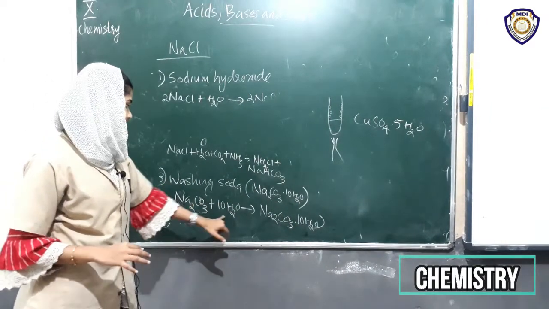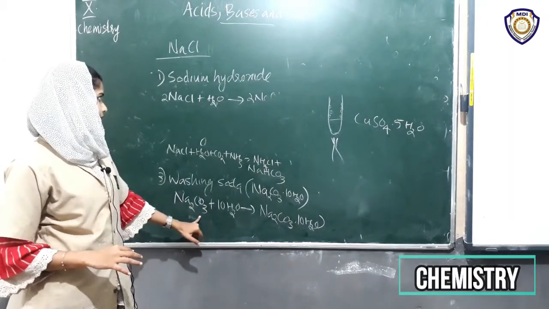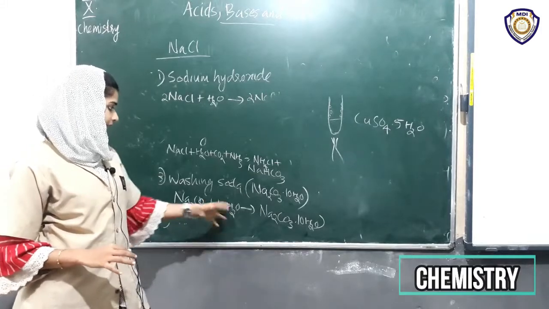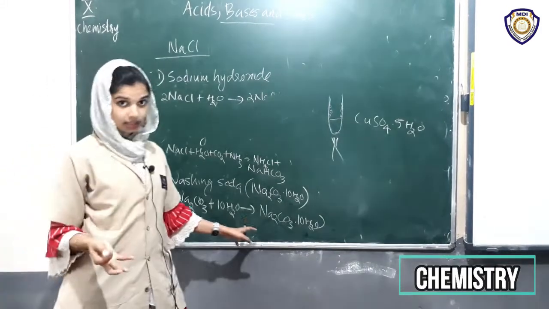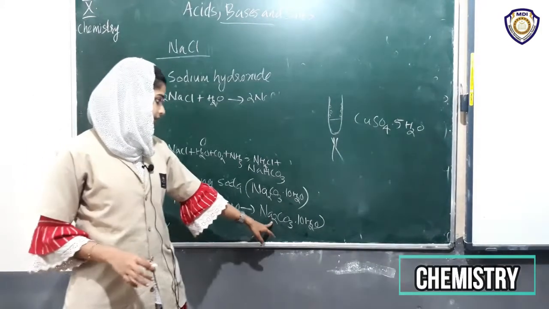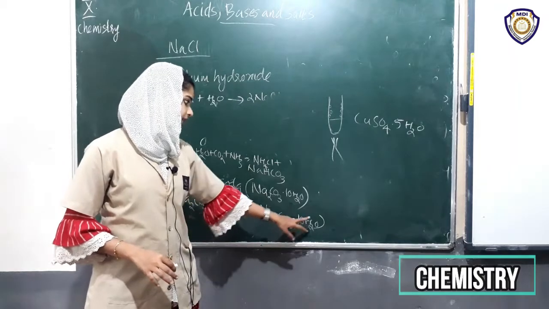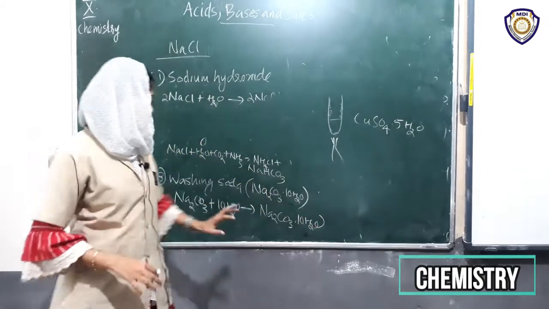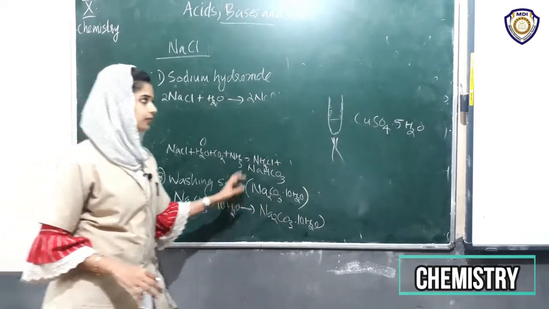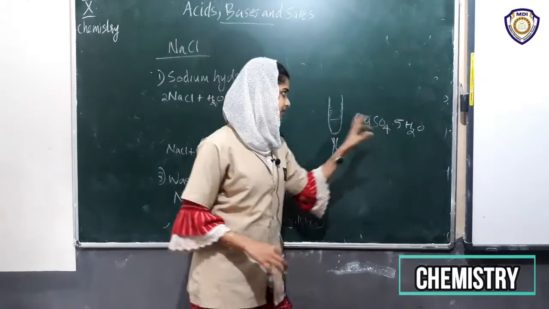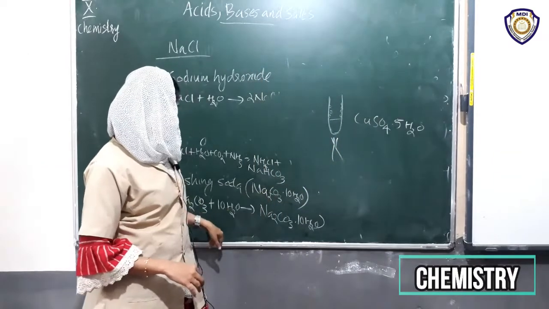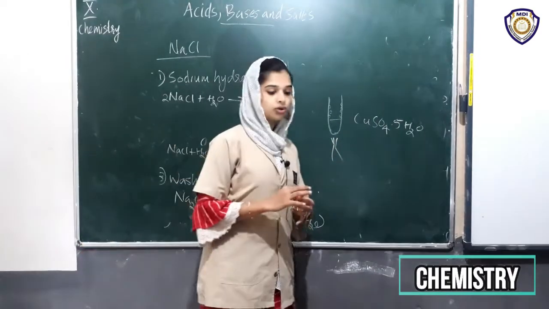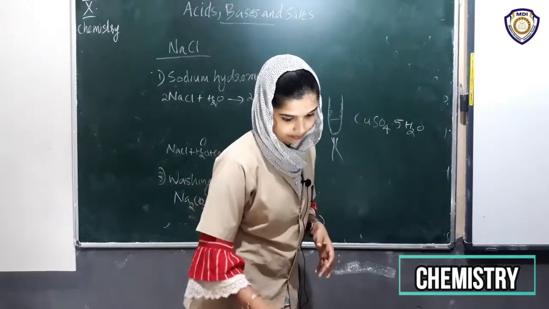By crystallizing Na2CO3. On adding water, it can be crystallized into Na2CO3·10H2O. Without water, we can't form washing soda. So like CuSO4, washing soda also requires water for its crystallization.